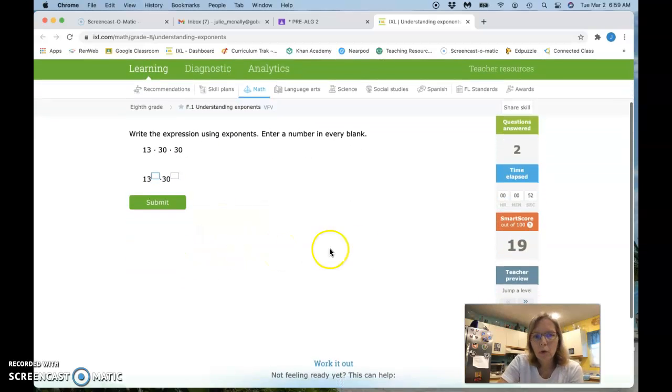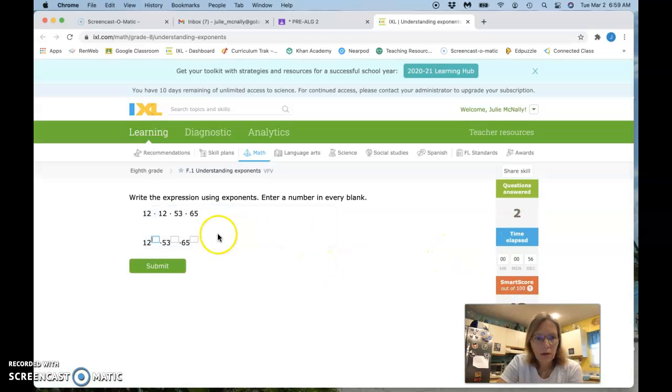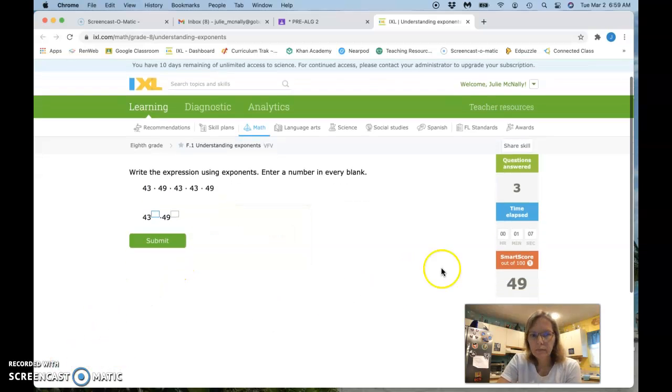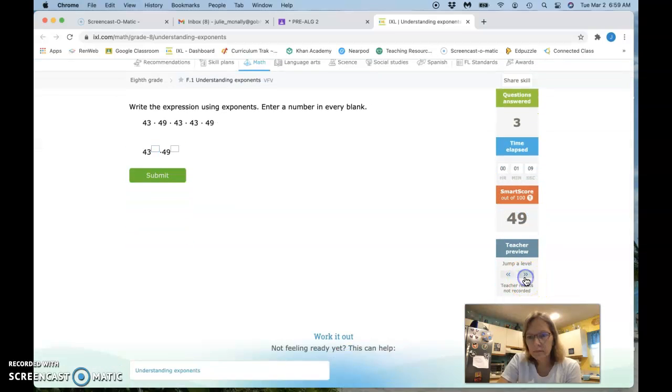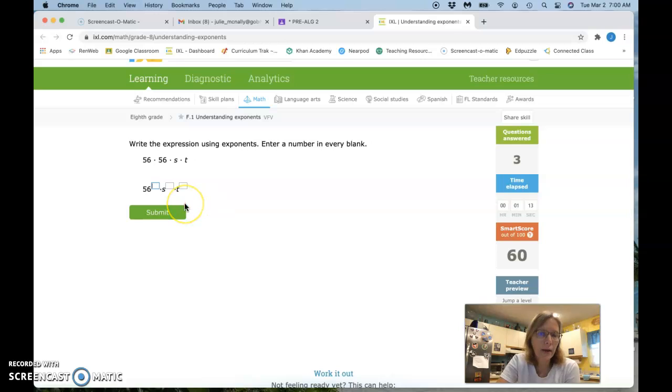All right, so let me jump a level and see. All right, we're still doing the same thing. I see 2 12s. I see 153. I see 165. Okay, so now they're adding in variables, but you're still doing the same thing. I see 2 56s.